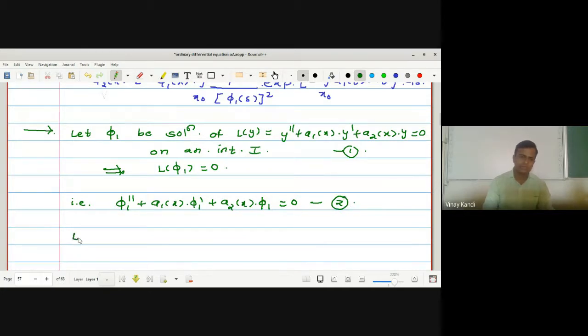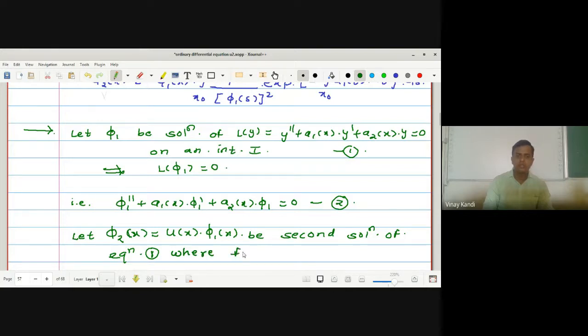Now let phi 2 of x equal u of x into phi 1 of x be the second solution of equation 1, where the function u is to be determined.